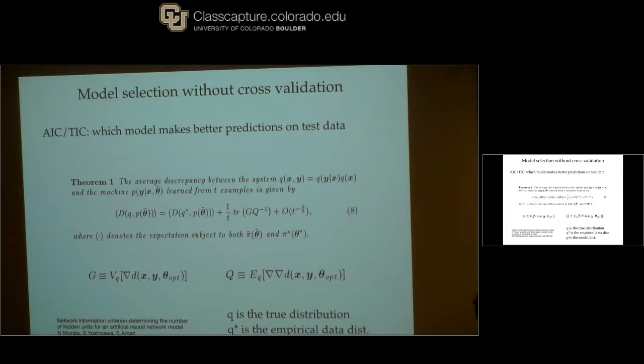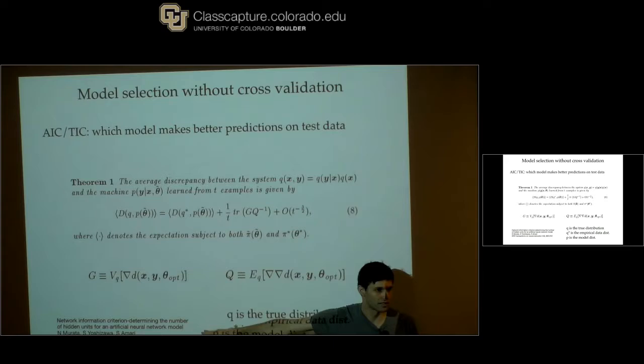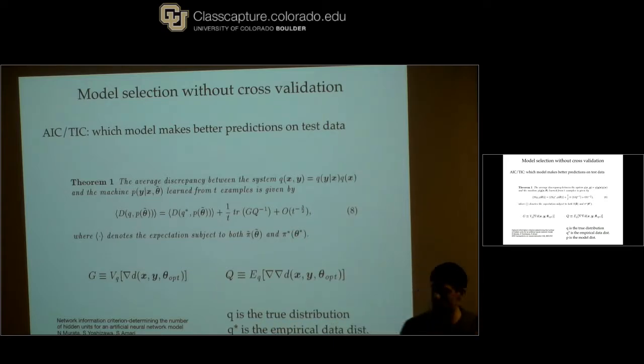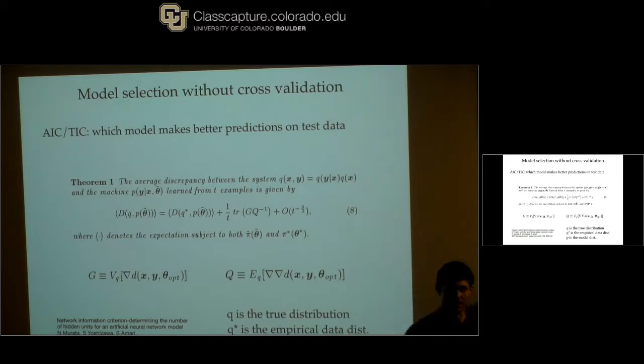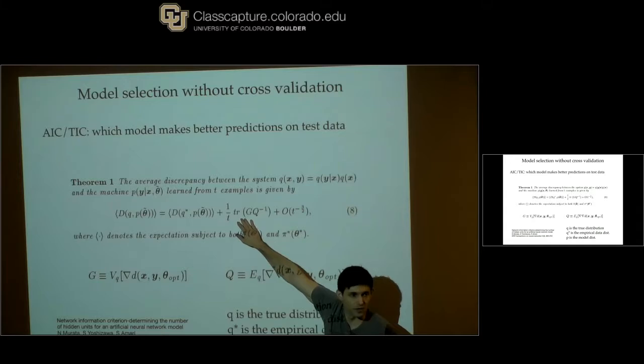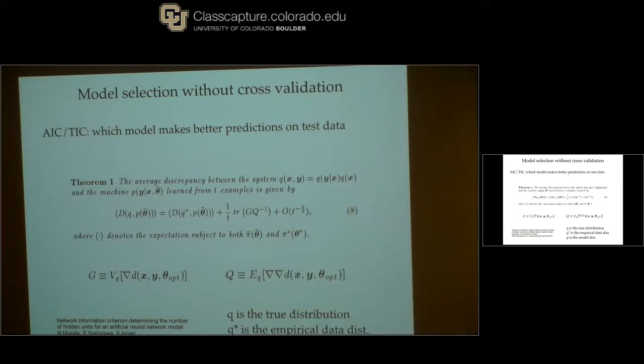So in particular, if you have a situation where the Hessian and the covariance of the gradients are equal, those matrices are equal, this is just the identity, and it's an identity matrix that's the size of the number of parameters. So this just counts the number of parameters for you. When those are not the same, which is generally the case when your model doesn't fit exactly, then this gives you a different kind of structure.